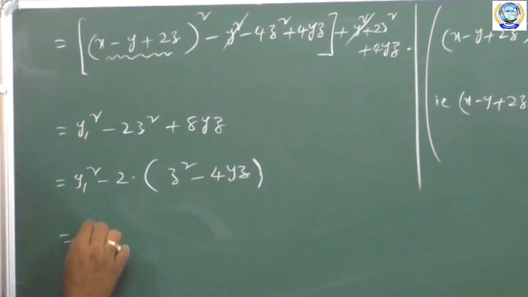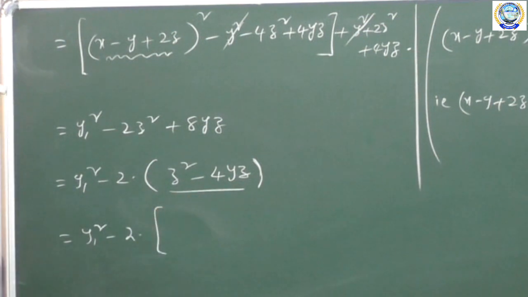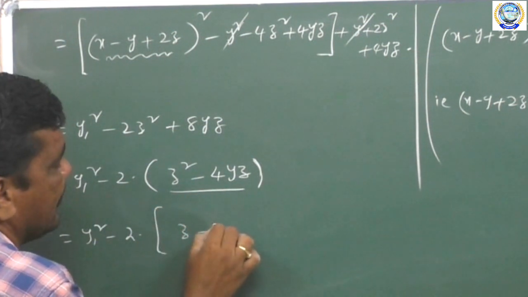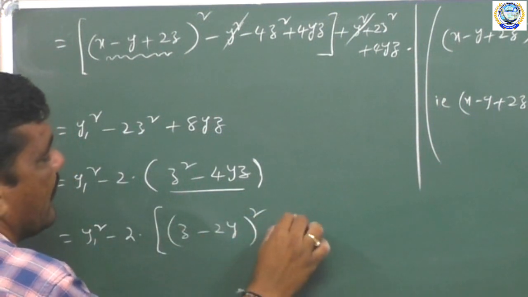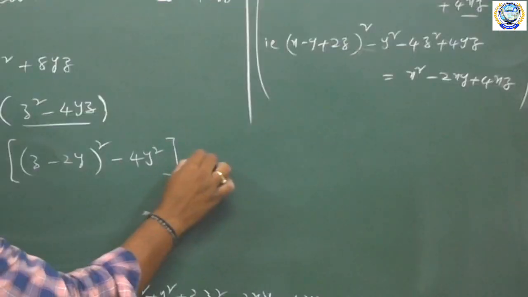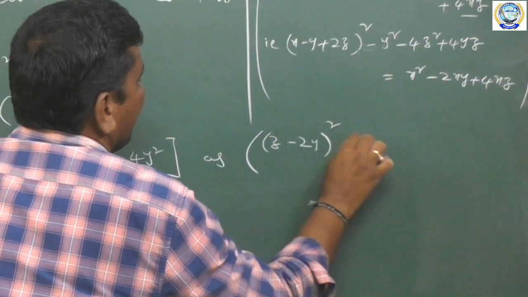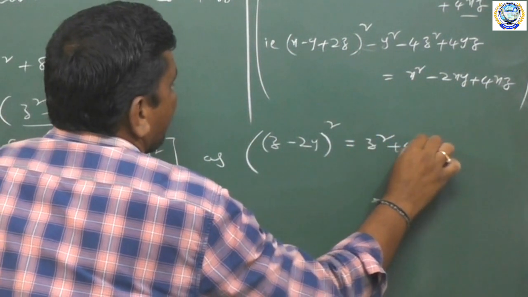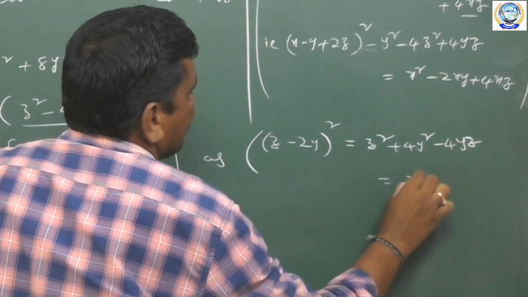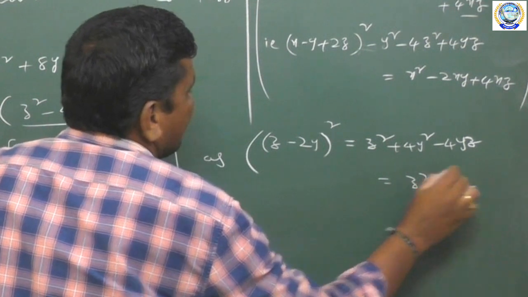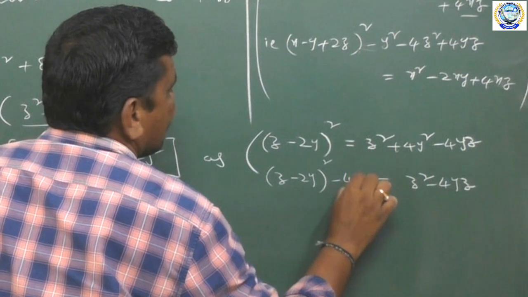So this is equal to y1 square minus 2 into, this can be written as z minus 2y whole square minus 4y square, as z minus 2y whole square value is z square plus 4y square minus 4yz. From this, z square minus 4yz value is z minus 2y whole square minus 4y square.